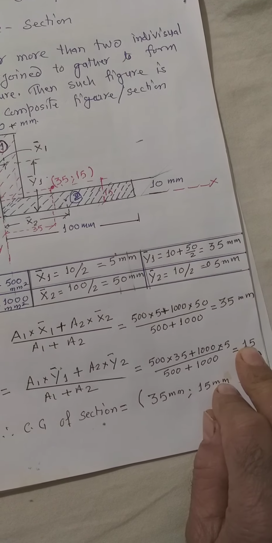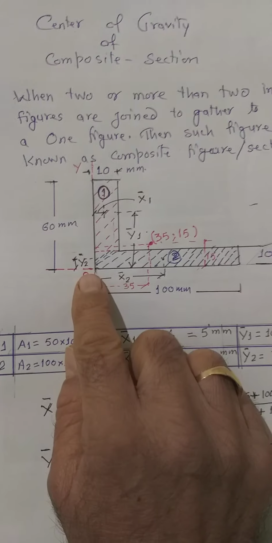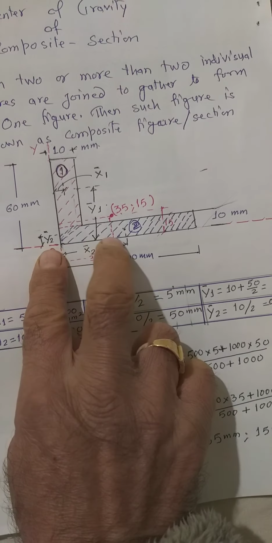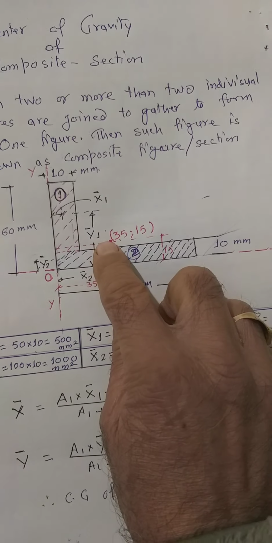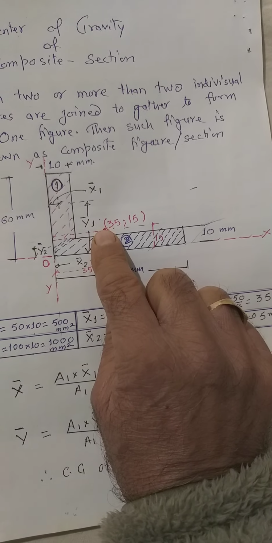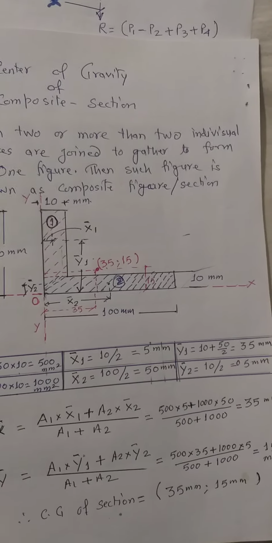So here we can say y bar is 15 and x bar is 35. So we can say here it is 35 and here it is 15. Now this is the point, having coordinates 35 and 15.